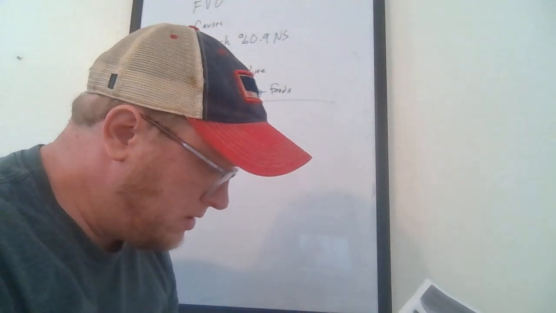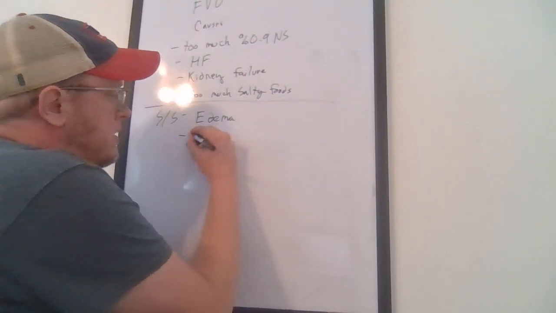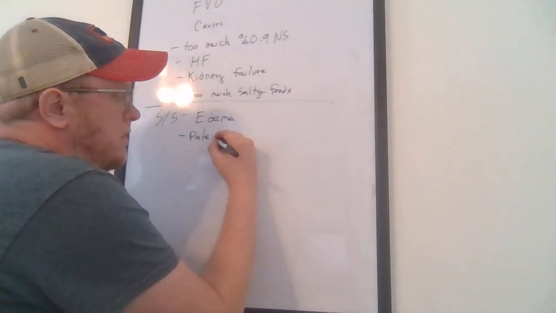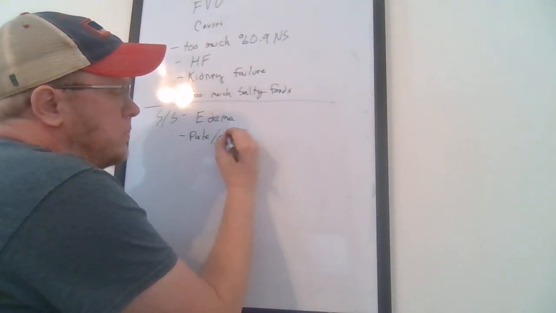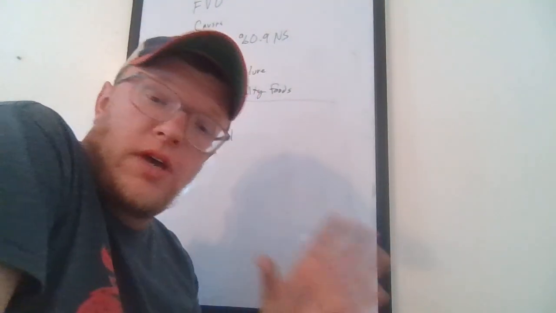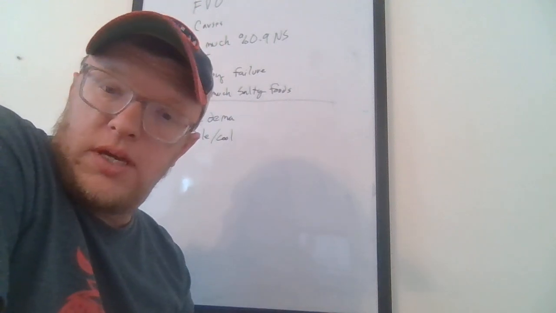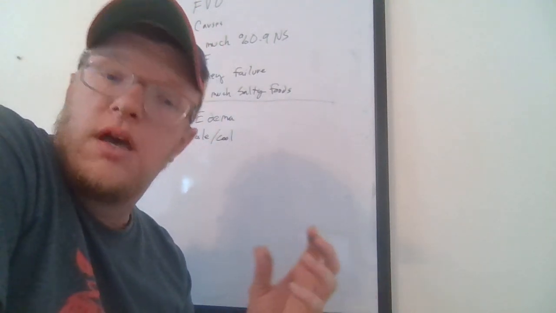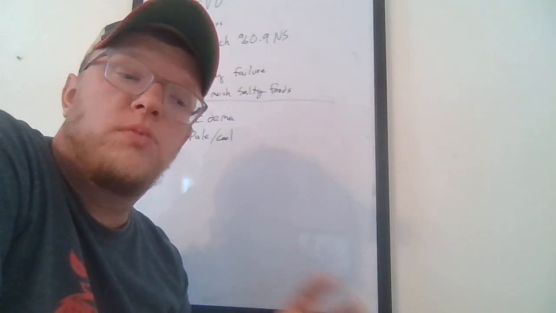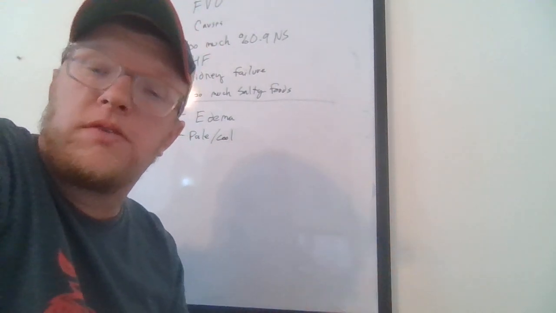So you have edema, might be pitting. Their skin is going to be pale and cool. You've got fluid in your cells and in your vascular space. So that's inside the cell and outside the cell. Those are your two main components or compartments where fluid is.